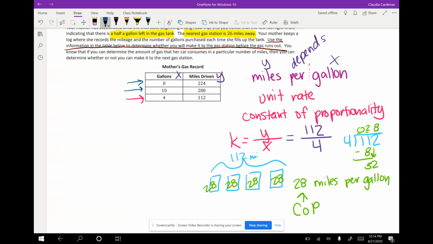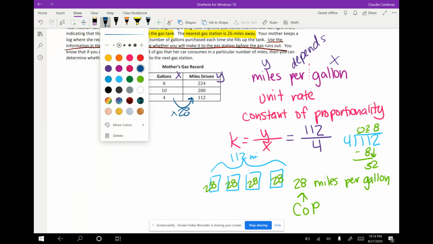So if 112 divided by 28, we would get 4. So I know that if we go in this direction, 4 times 28 will get us 112. So I'm going to take that same idea and do that to the other 2 to check our work.